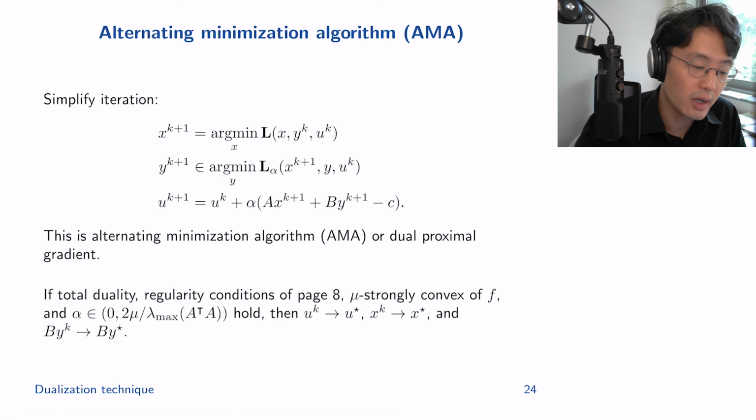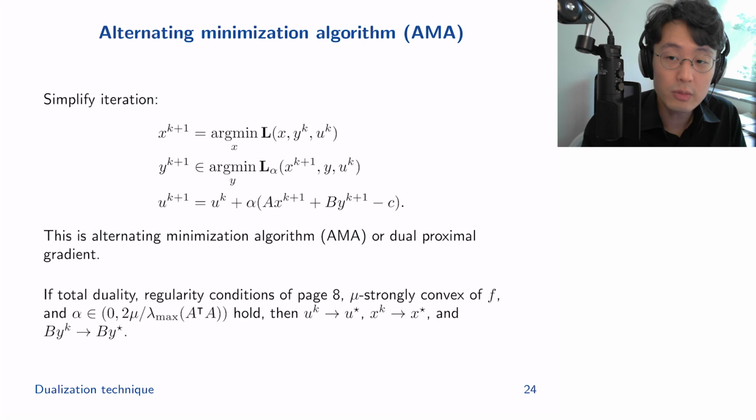Here, I write the argument with respect to x of the regular Lagrangian, not the augmented one, and then I use the equality notation in the definition of x k plus 1, and that is because we assumed that the function f is strongly convex, so the minimizer is guaranteed to be unique. On the other hand, for the function g, we made no further assumption beyond that the function is CCP and that it satisfies the regularity condition.